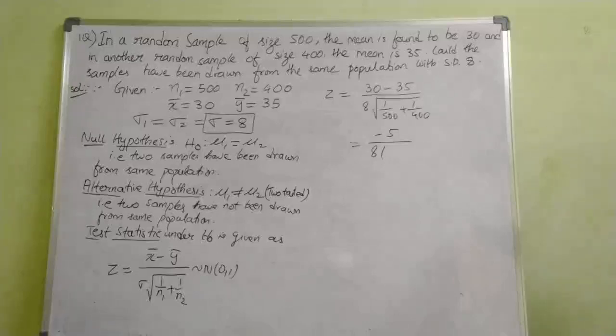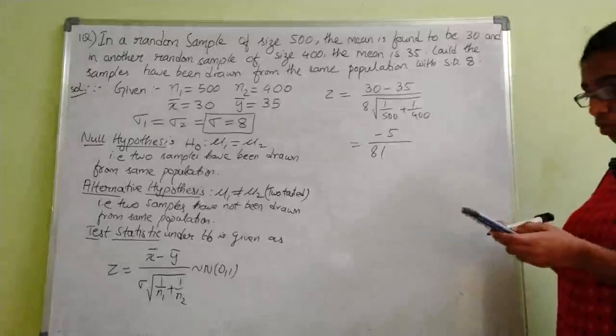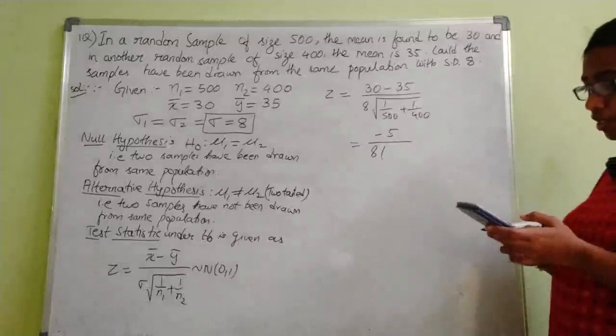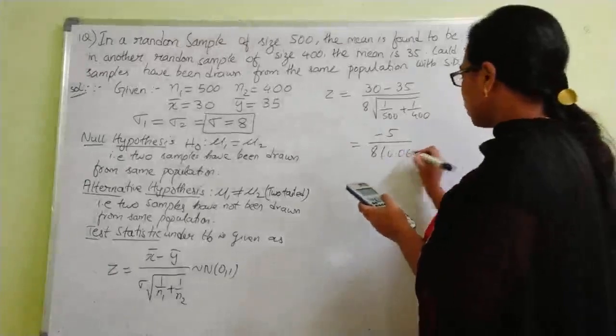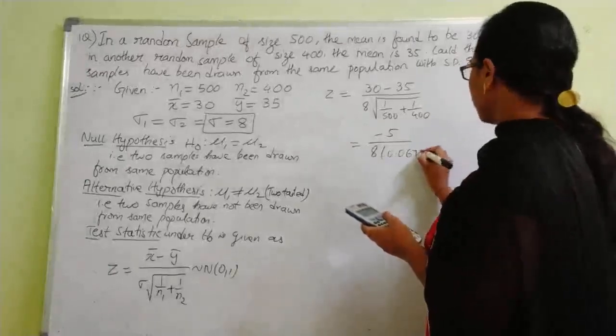1 by 400 plus 1 by 500 is 0.0045. So the square root of 0.0045 is 0.0671.